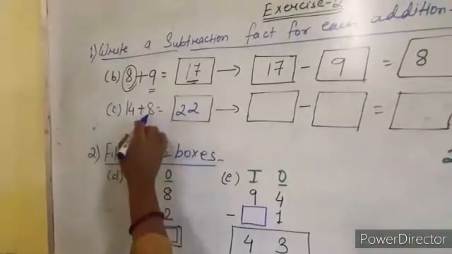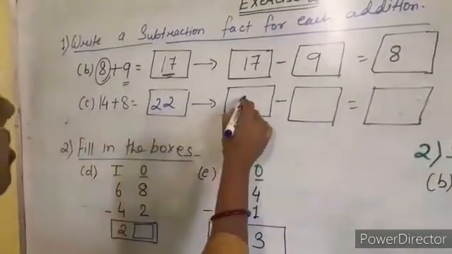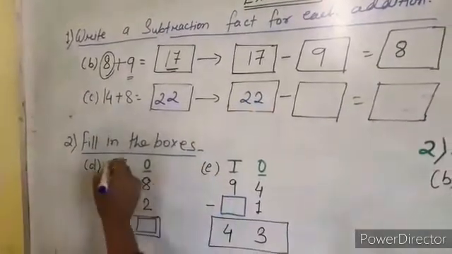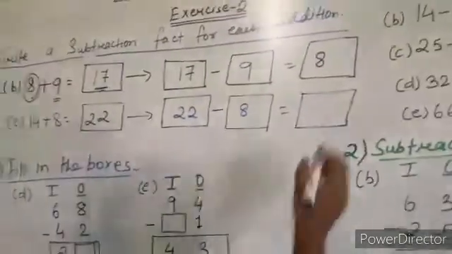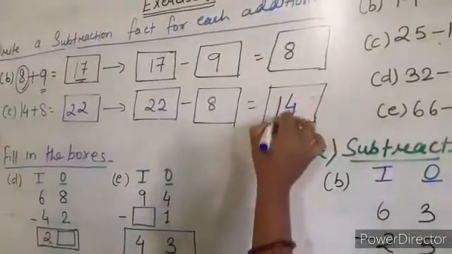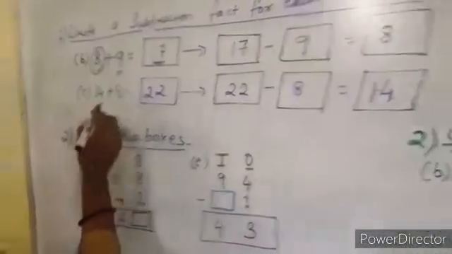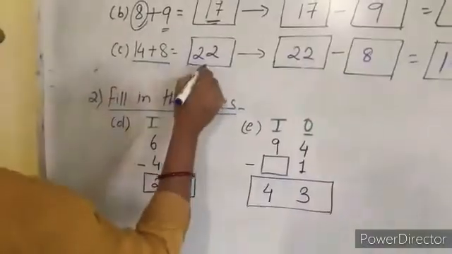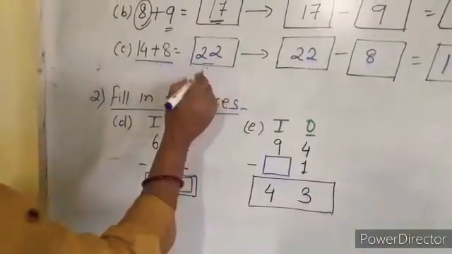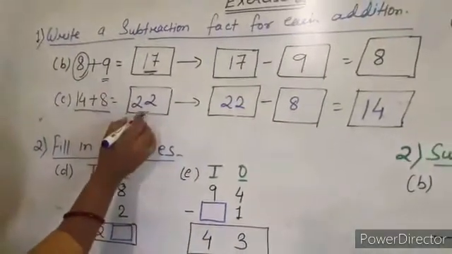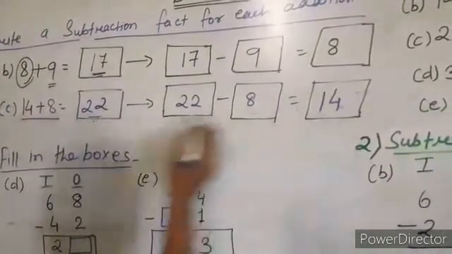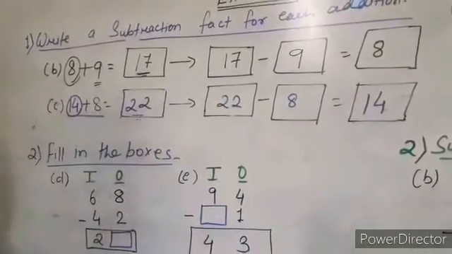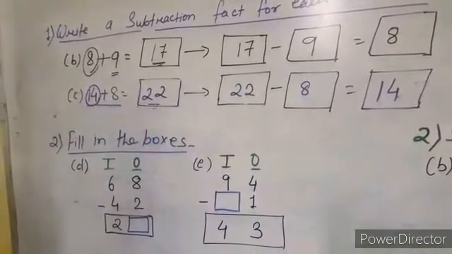Then again you just subtract 8 from 22 and get this answer. Means first we add these two numbers, the answer we will get. Then this answer we have to subtract with 8. 22 minus 8. Then we got this answer. Like this way you can do the subtraction fact.